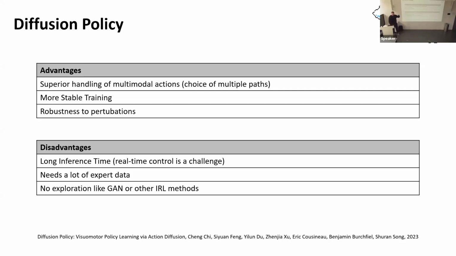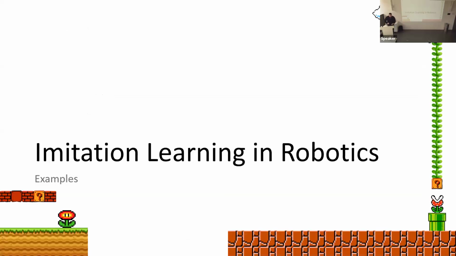And it's very good at choosing these paths to not get confused. The training is also more stable, and it's robust to perturbations. If you, for example, obscure the camera with your hand and the whole picture is not visible.